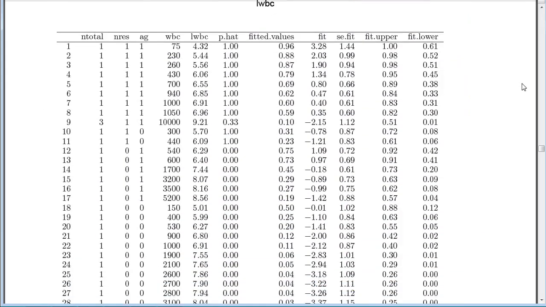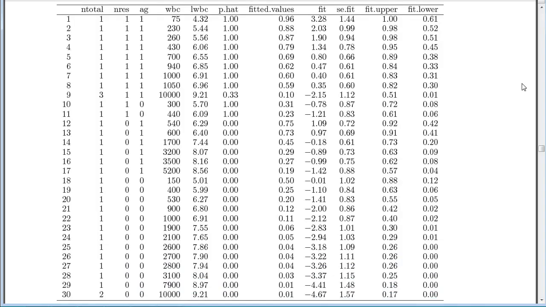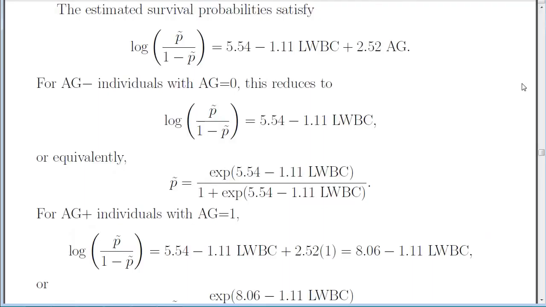All right, here's the table that plot came from. It has the same columns that we saw in the previous example. And we can take a look at the regression equations for each status group. For AG negative status, where AG equals 0, that indicator variable term isn't included, so we've got just that equation.